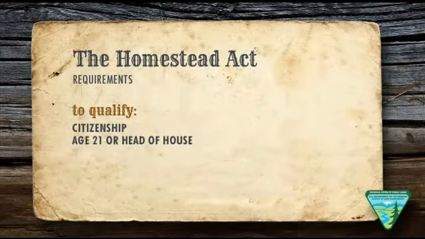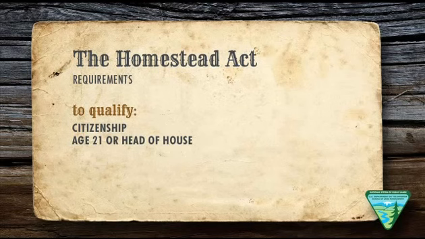However, before they could receive it, they also had to become citizens. One other requirement was an age requirement. You had to be 21 or the head of a household, which would mean that a young married couple, say teenagers, would be okay. In that case, almost always the homestead would be claimed by the husband.